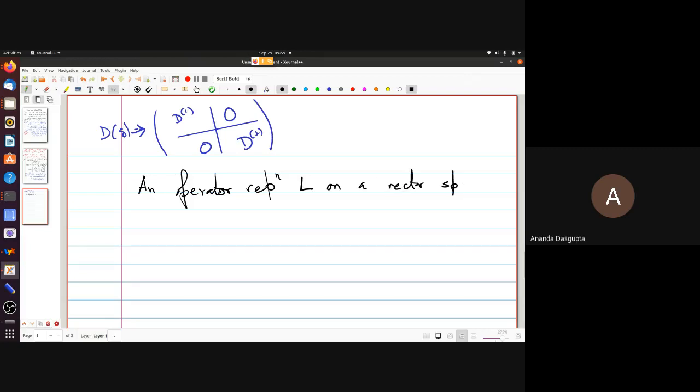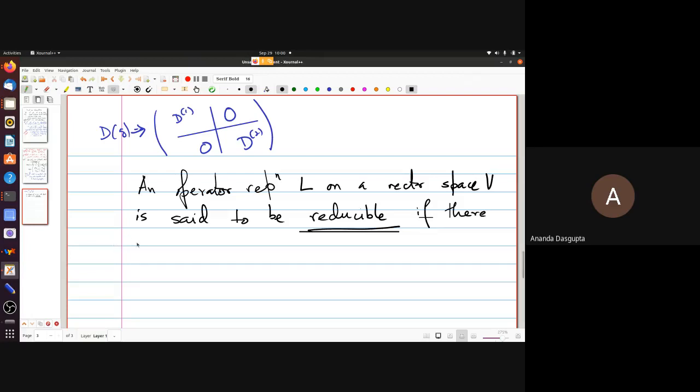An operator representation L on a vector space V is said to be reducible. This is one of the most important concepts that we are going to talk about today.